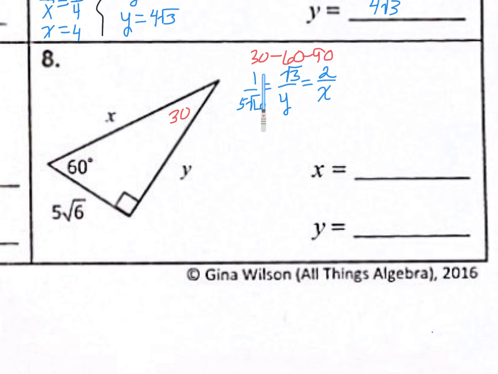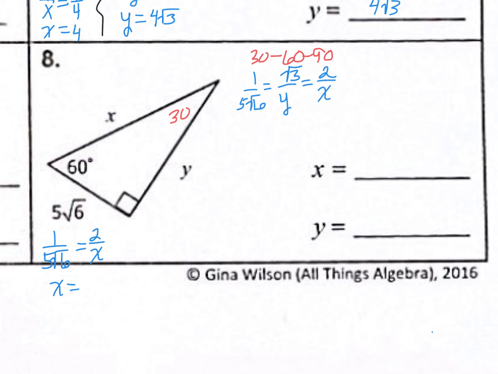So I'm going to use 1 is to 5 rad 6 as 2 is to x. So we'll start off with that. And so we are going to cross multiply. So 1 times x is x.